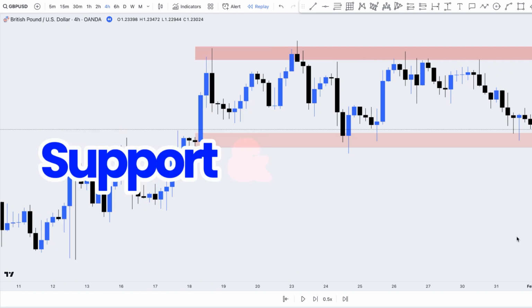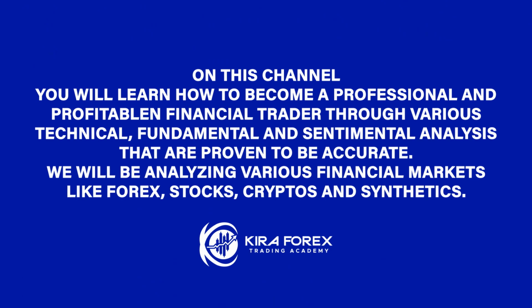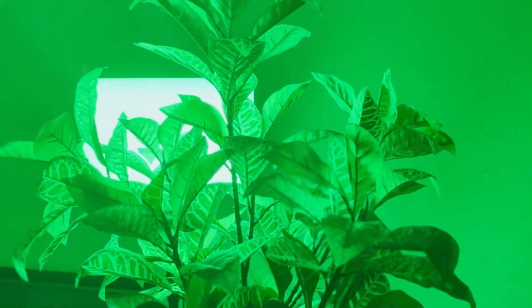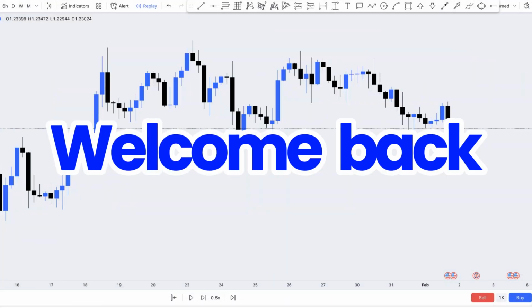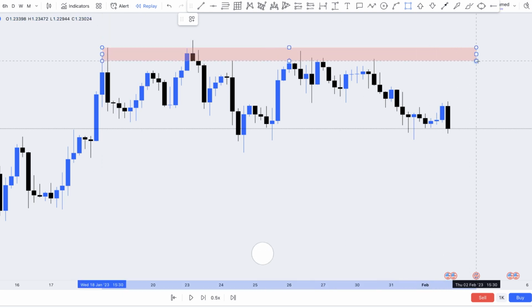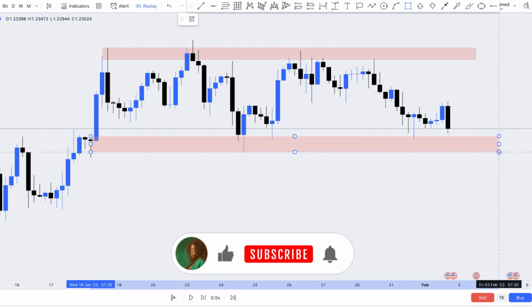Now, when we say support and resistance, what do we mean? So on the chart, this is our resistance level here, and this is our support level here.